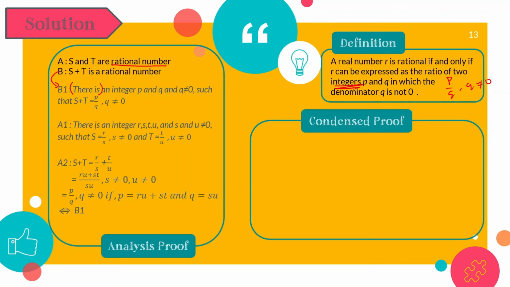So from A we have: there is an integer r, s, t, u, and s and u not equal to 0, such that uppercase S equals r over s, where this is the lowercase s that comes from the denominator, and uppercase T equals t over u, with u not equal to 0.